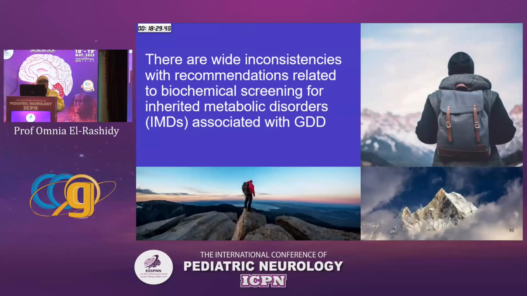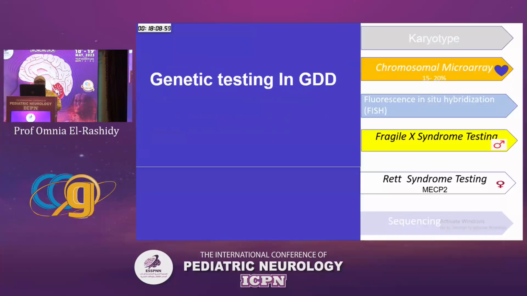There is wide inconsistency in recommendations related to biochemical screening for inherited metabolic disorders associated with GDD. This is because neonatal screening is not the same in all countries, so inborn error investigation differs from one country to another.